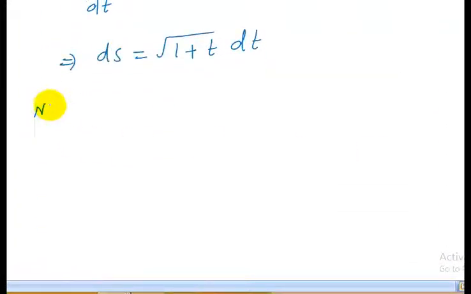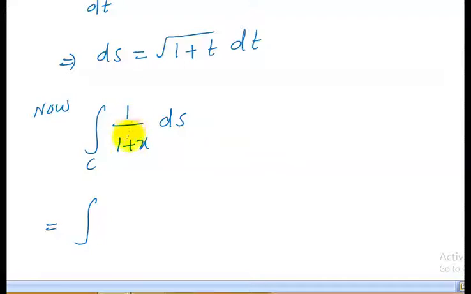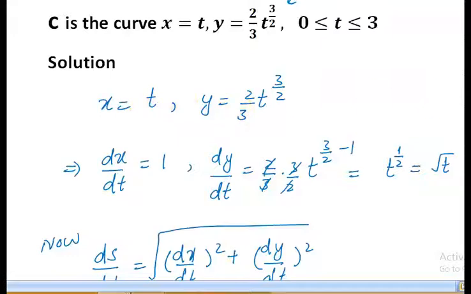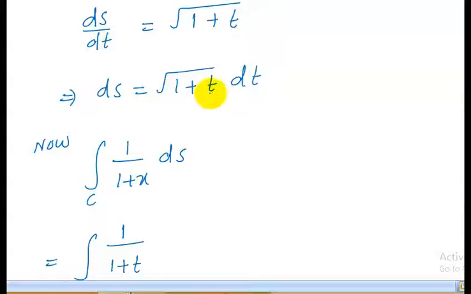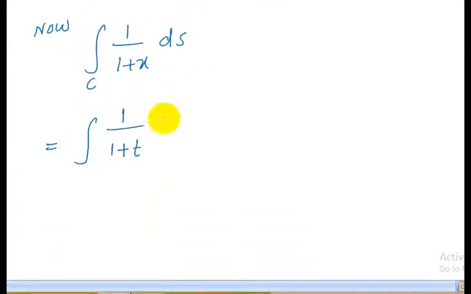Now integration along C 1 plus x ds is equal to integration 1 by 1 plus x, as x is equal to t, so it becomes 1 by 1 plus t, and ds is equal to 1 plus under the root t dt.